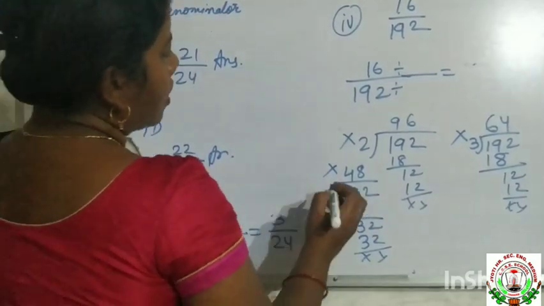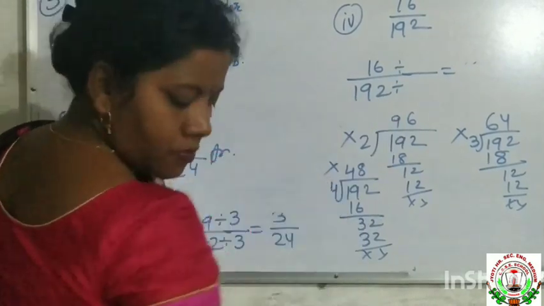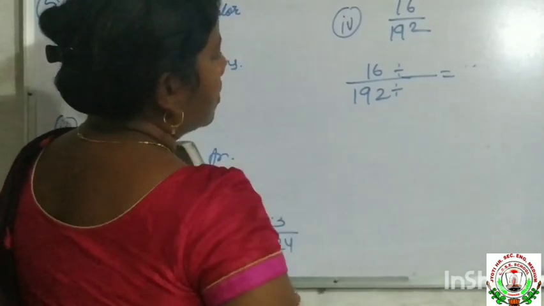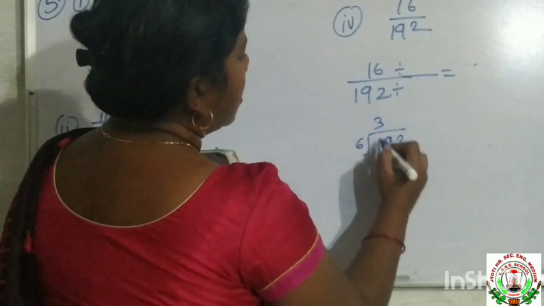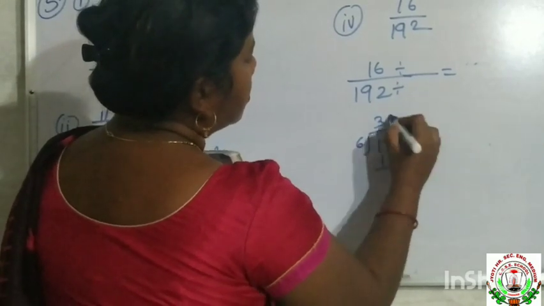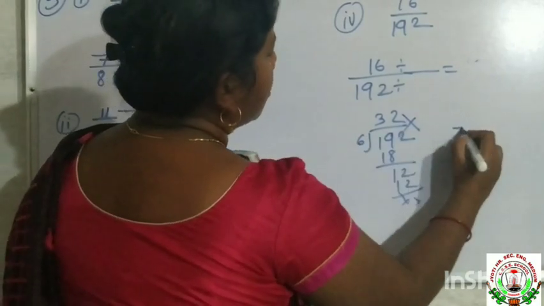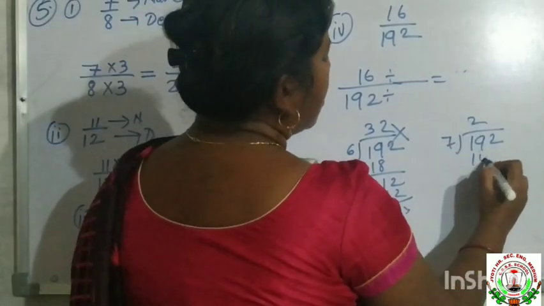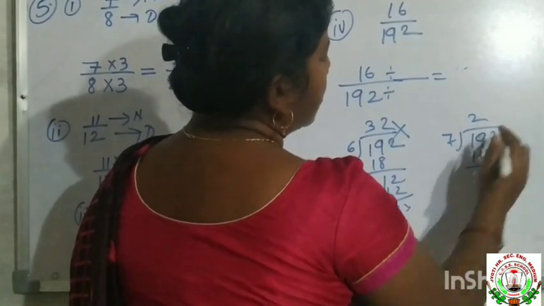Next number we check is 5. It is an even number, so we will not take 5. We take the next number, 6: 6 threes are 18, 6 twos are 12. We are not getting 24 here. So the next number is 7: 7 twos are 14, 7 sevens are 49.